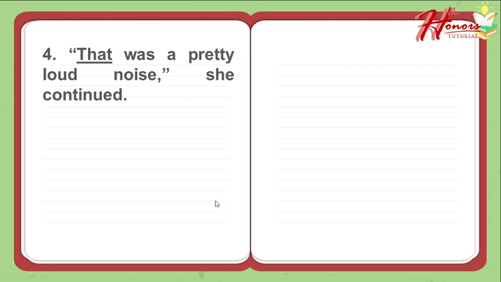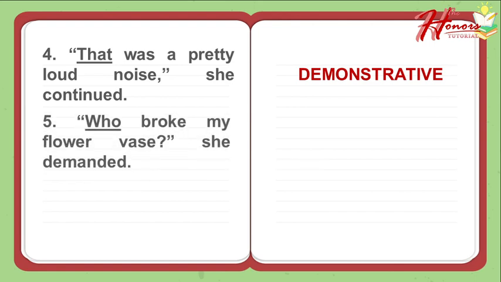And what type of pronoun is this? Okay, good job. This is a demonstrative pronoun. Very good. Next, let's proceed to number 5. Who broke my flower vase? She demanded. The underlined pronoun here is the word who. What type of pronoun is this? Okay, since it is a question, this is an interrogative pronoun.